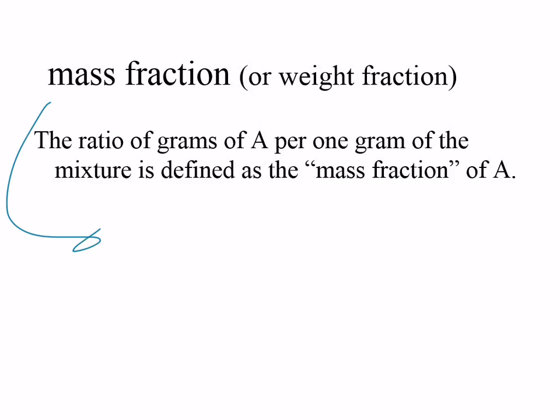So if you want to add something here, let's see. Oh, wait a minute. Two things. By definition, DEFN, by definition. If somebody gives you a mass fraction, that means the fraction of a gram of component A, it will be a fraction of a gram per 1 gram of mixture.